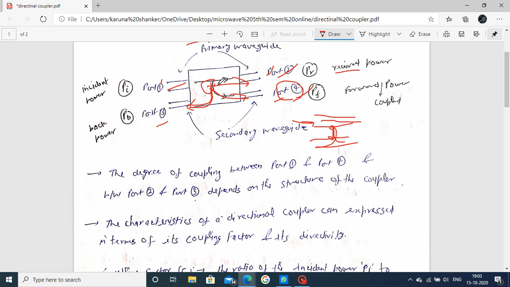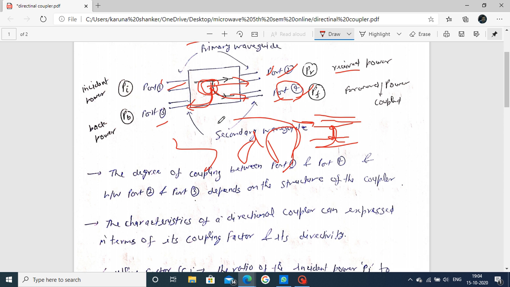Suppose this is coupled between primary and secondary, and the coupling value is 3 dB.